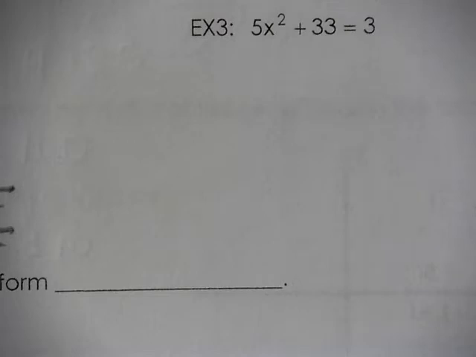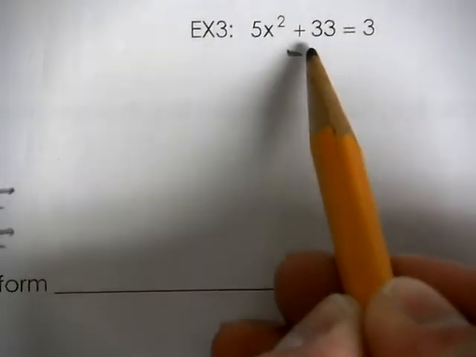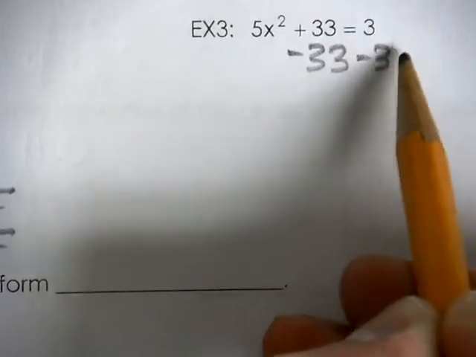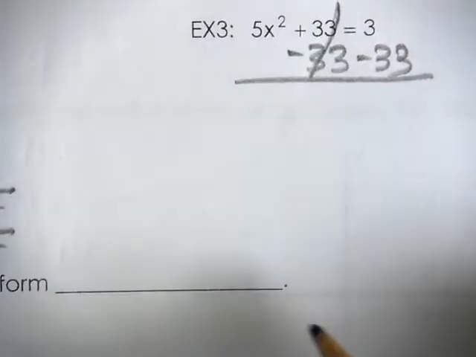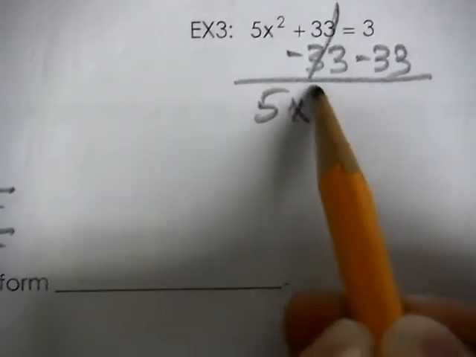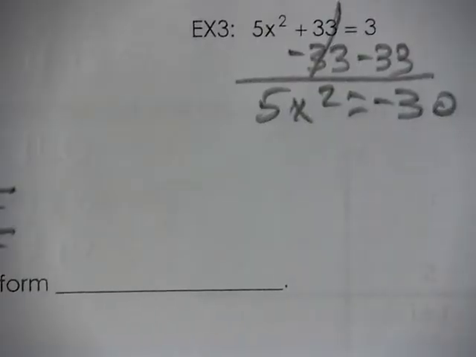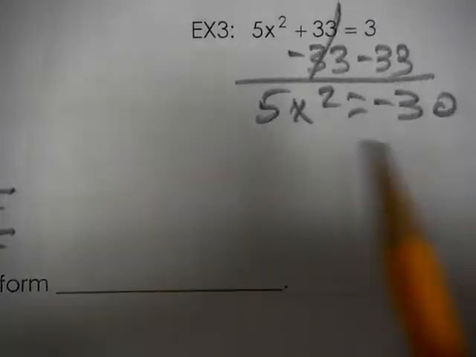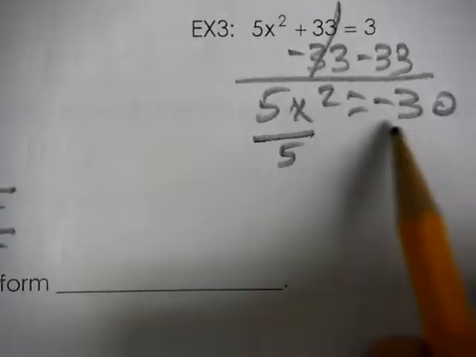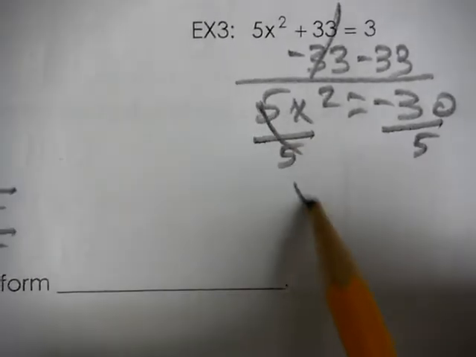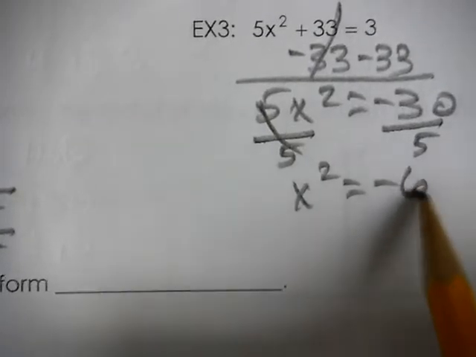Think about what we need to do. What's our first step going to be? We're going to bring the 33 over to the other side, which leaves us with 5x squared equals negative 30. Divide by 5.